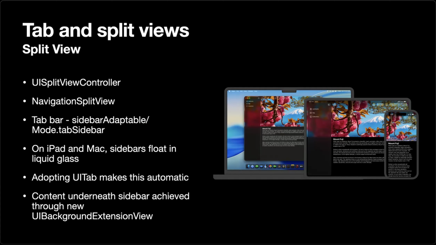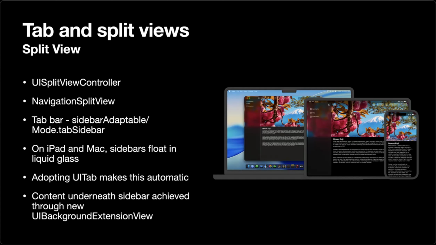And the visual effect is such that the content is meant to extend underneath. So this visual effect is you have the glass, that's the control layer with the sidebar, and it appears over your content. And they've given us some new APIs to achieve that effect while maintaining alignment for the safe area with respect to content with text content that you might place in there.